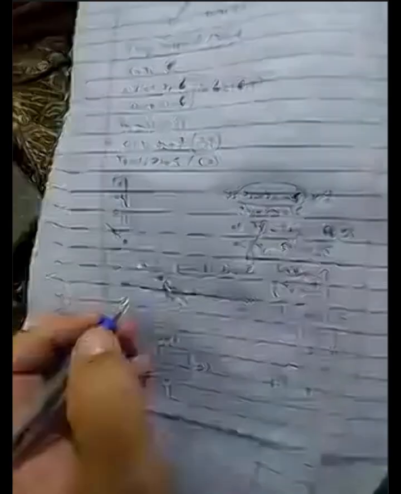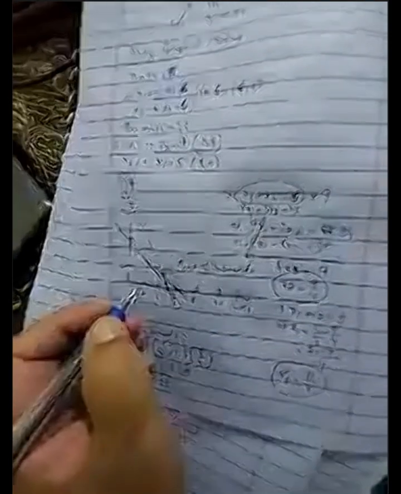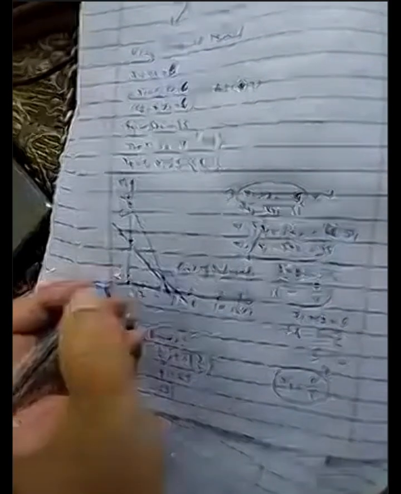Here, for x2 is equal to 2, now you can see it. Can you see it now?